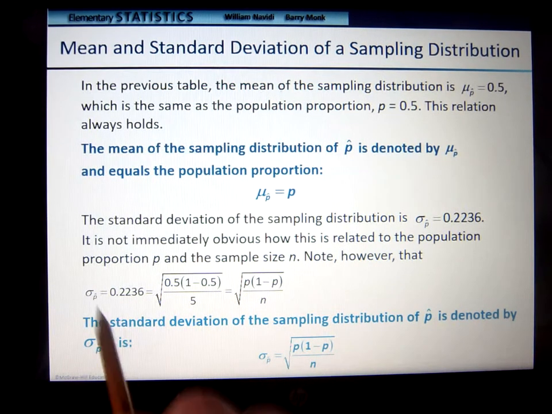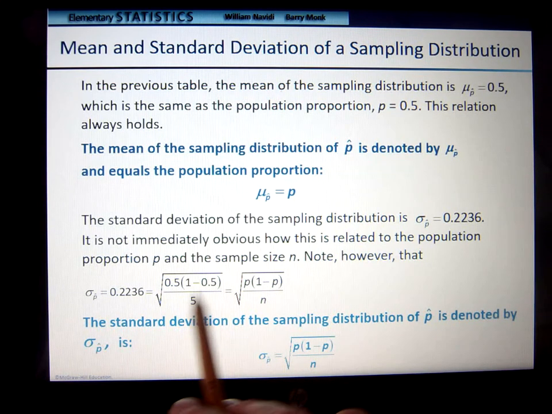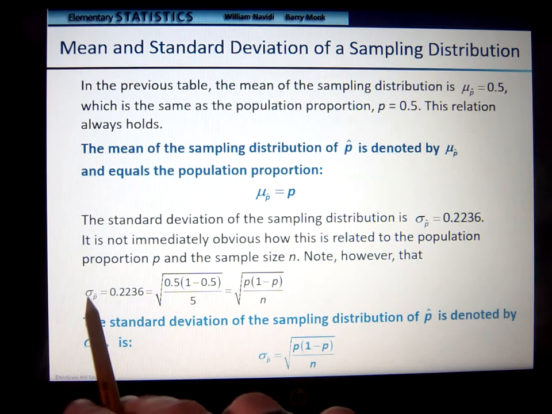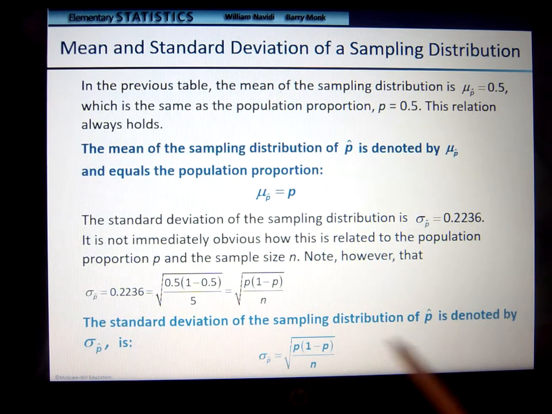However, if you take the proportion and multiply it by its complement, and then divide by the sample size, you will get the standard deviation of P hat. So the standard deviation of the sampling distribution of P hat is denoted by, again, the square root of P times its complement divided by n.